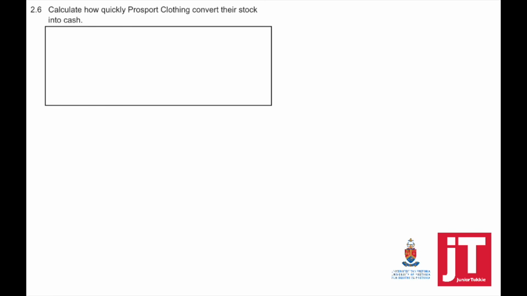If we look now at 2.6, calculate how quickly Pro Sport Clothing convert their stock into cash. When you see this type of question, you should always know that this talks about the stock turnover rate.